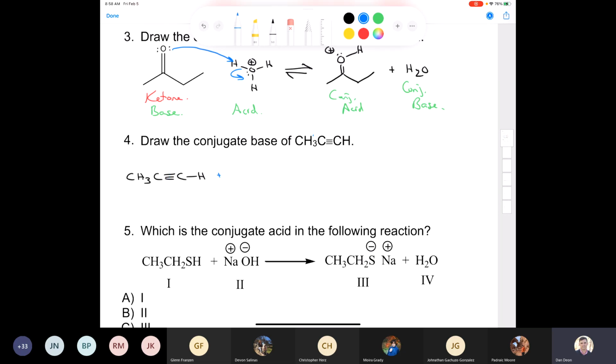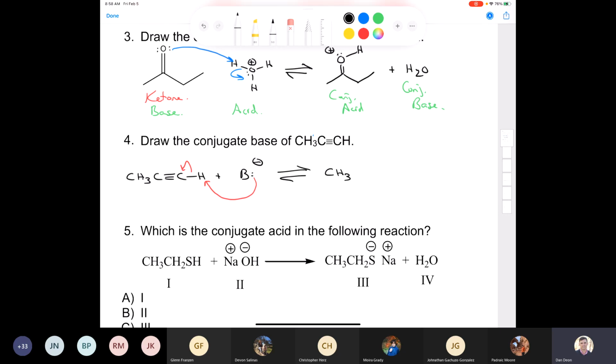So if I put that in a really strong base, so I'll just use B minus here. You could use anything. I mean, let's just keep it simple for now. Anyhow, if we draw what's going to happen there, the base is going to take the proton like this, and the conjugate base is going to look something like this.